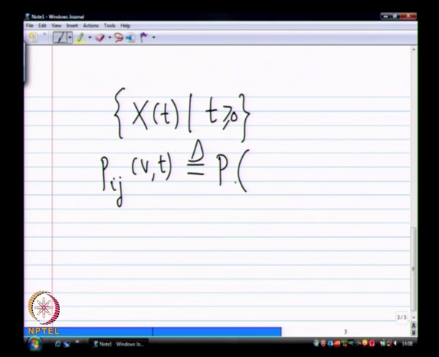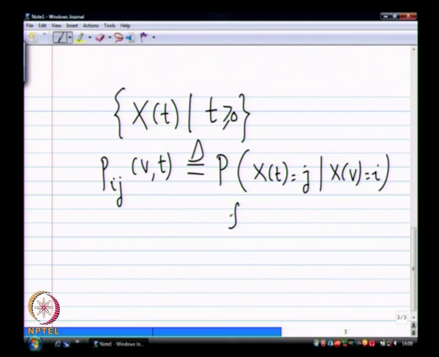So this is probability Pij in terms of v and t, where v and t are time units, right, is what is the probability that x of t equals j given that x of v equals i. So at time v I was in state i, and at time t I will be in state j, okay.